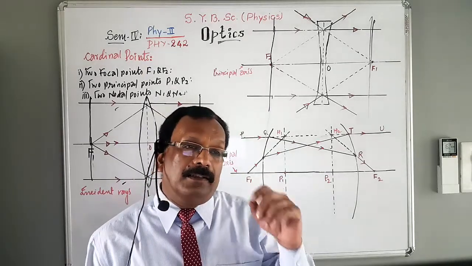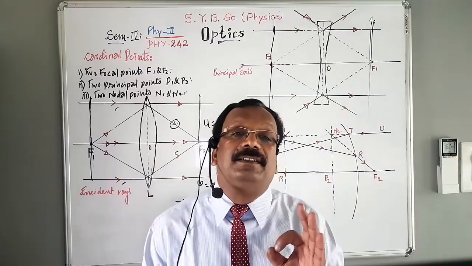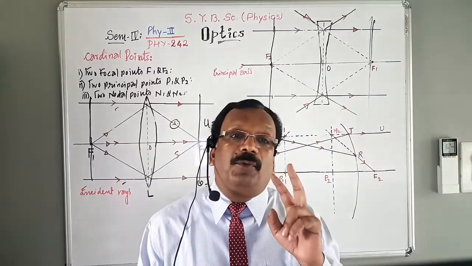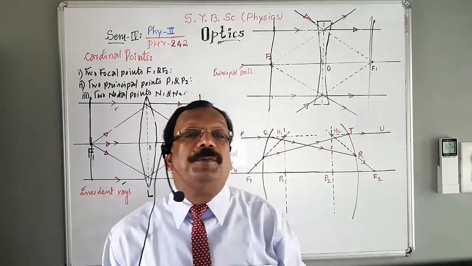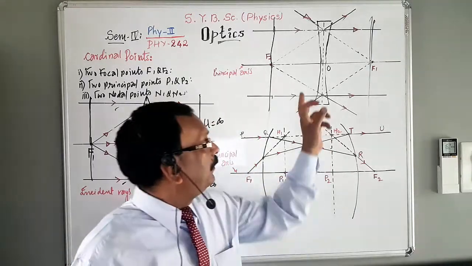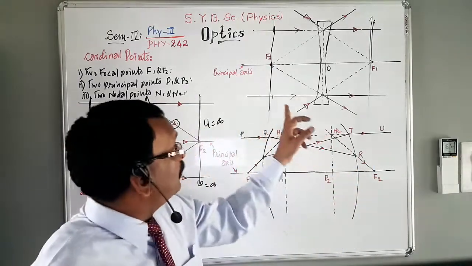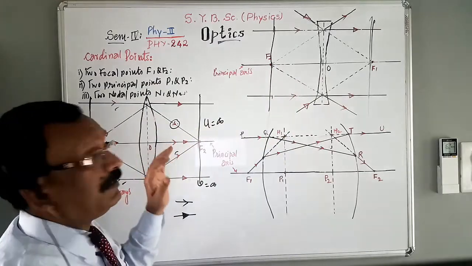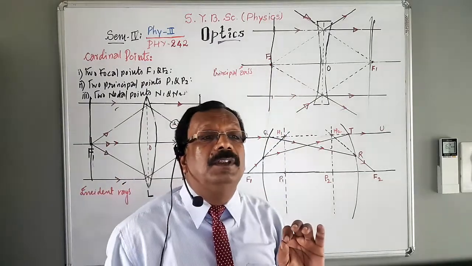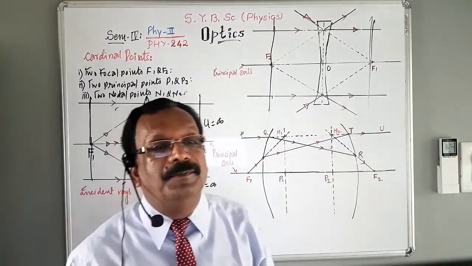Thus, the focal points of an optical system are defined as the pair of points F1, F2 on the principal axis only, not anywhere else, of the system and conjugate to points at infinity.